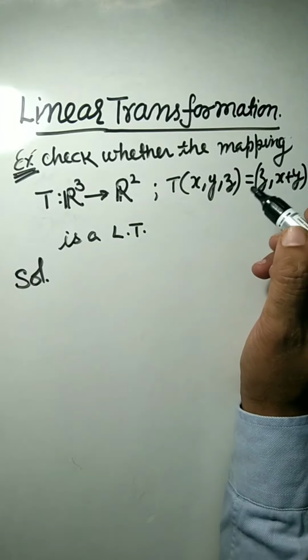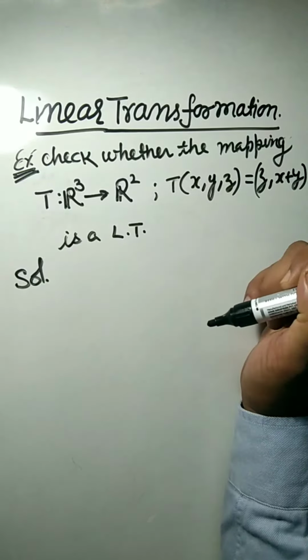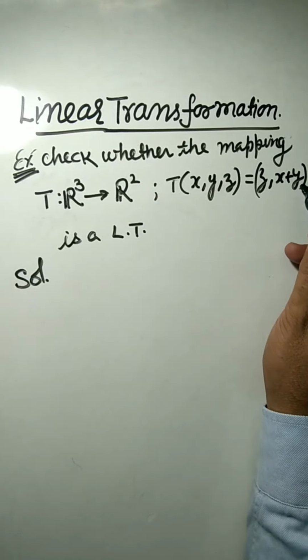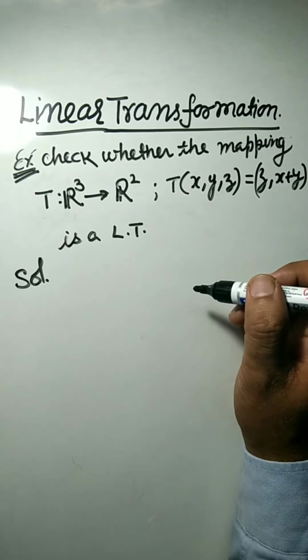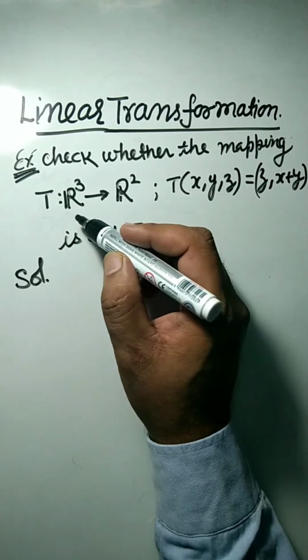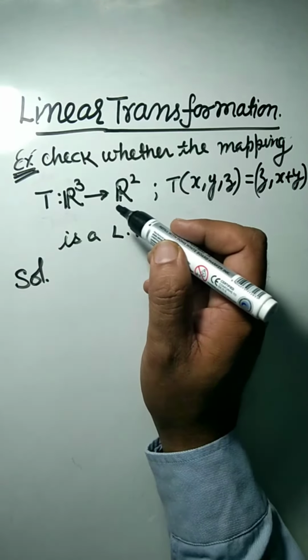Here we will check whether the mapping T from R3 to R2, defined by T(x, y, z) equals (z, x + y), is a linear transformation or not. This is the domain, R3, 3-space, and R2, 2-space.